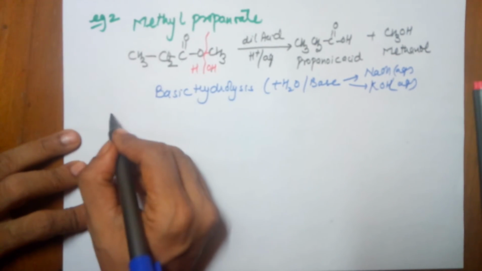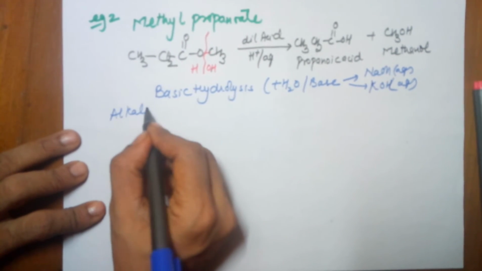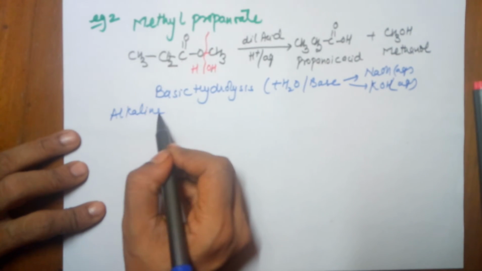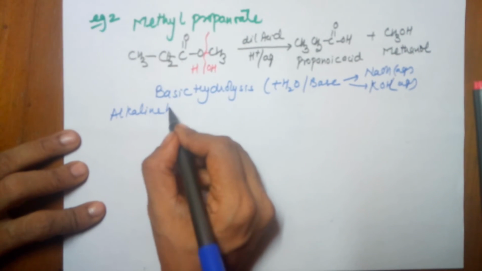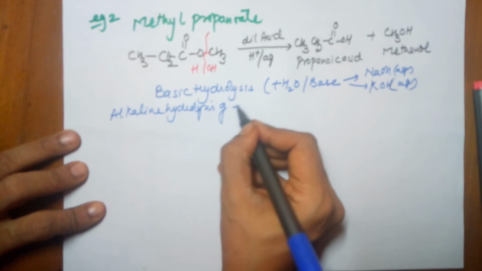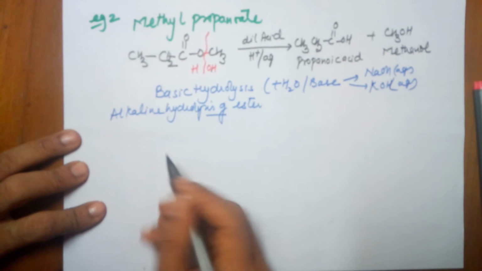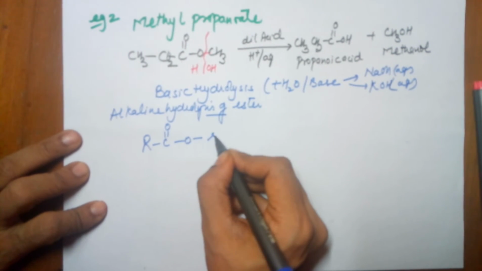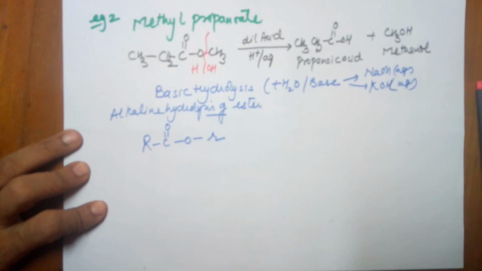This is also called alkaline hydrolysis of ester, because bases which are water soluble are alkali in nature. So again, I am taking a general ester first and then we will do one specific example.